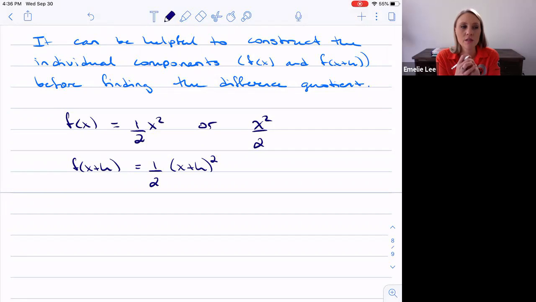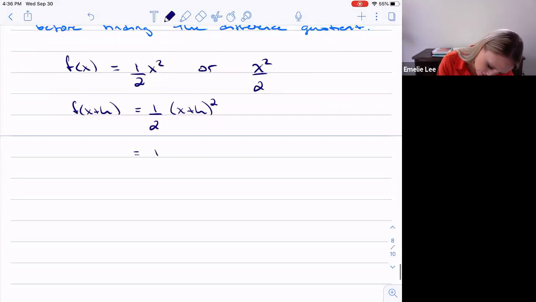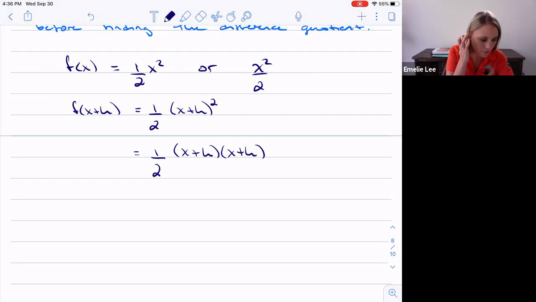Okay. So we can expand this, right? x plus h squared is x plus h times x plus h. So let's see here. 1/2 times x plus h times x plus h. And I always expand slowly. Some people are really good at expanding, right?